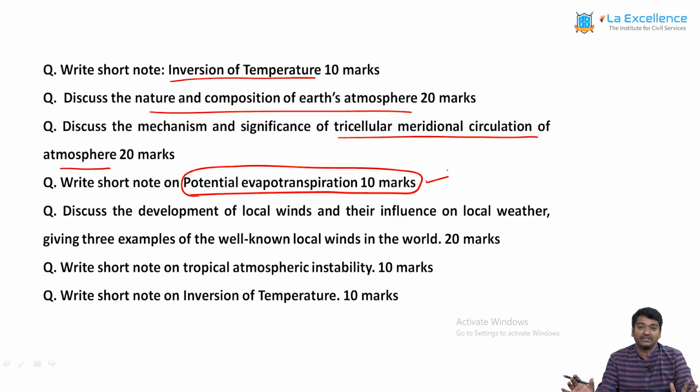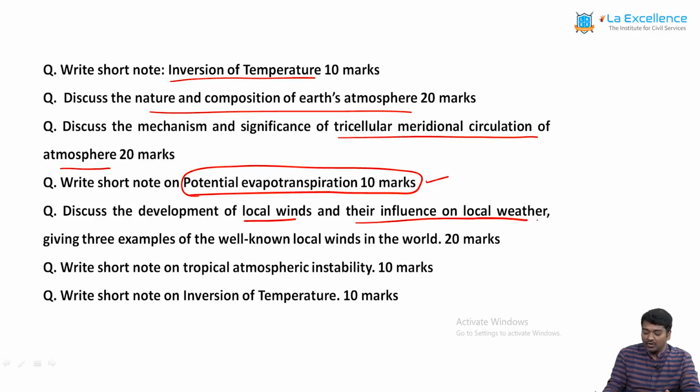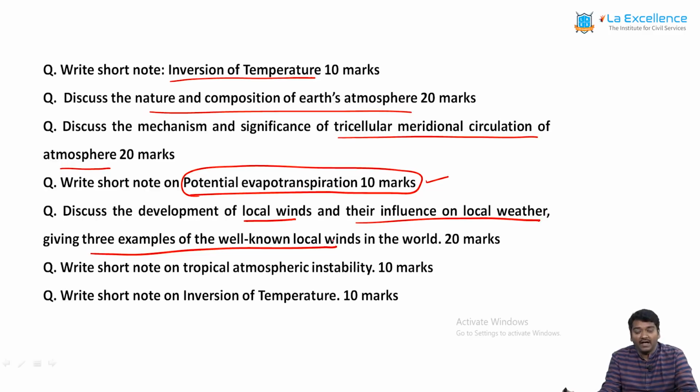We have included here just to show the evaporation, transpiration and other things which actually help water enter into the space. And then, discuss the development of local winds and their influence on the local weather, giving 3 examples of well-known ones: Chinook, Blizzard, Santa Ana.